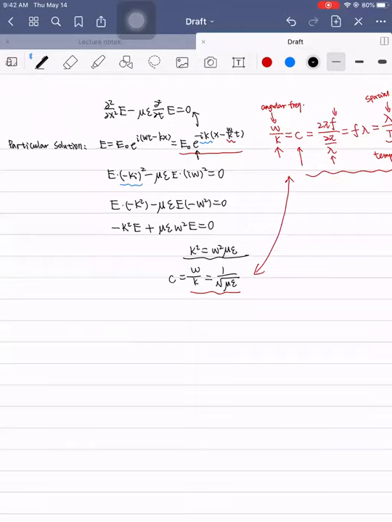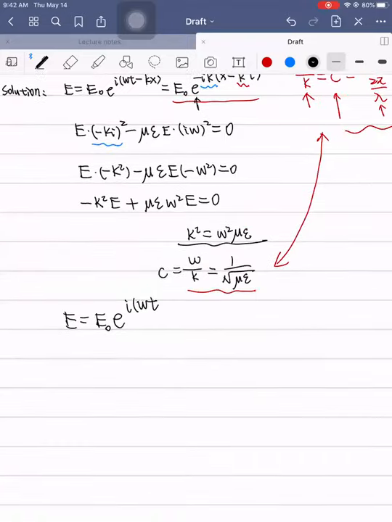And similarly, we can generalize this to the 3D case. But this time, we are going to use the vector product.